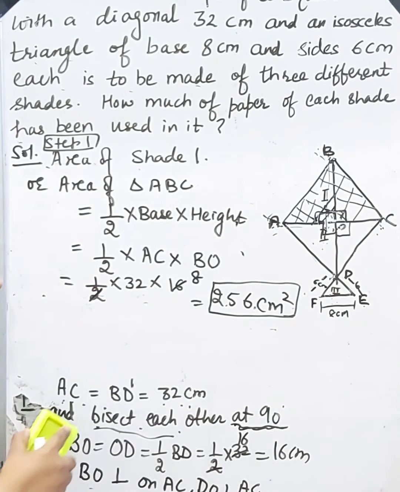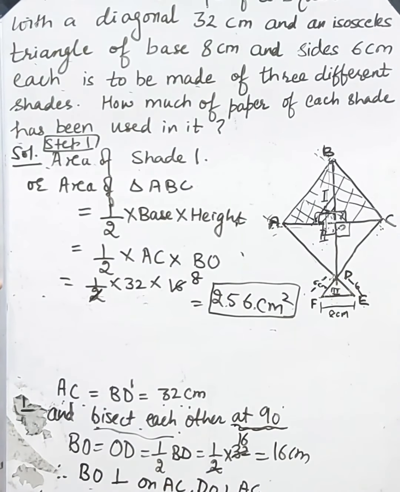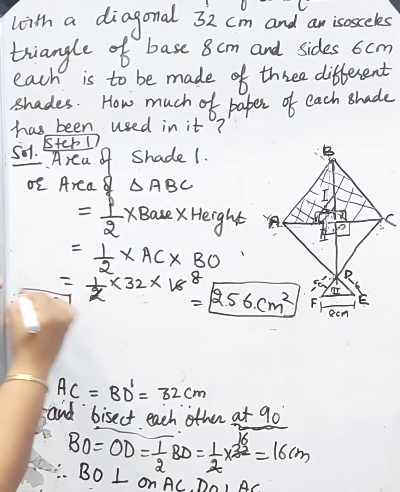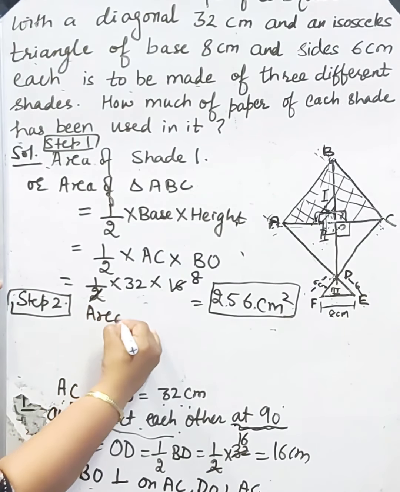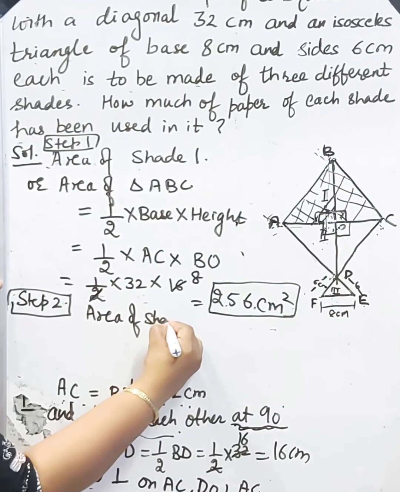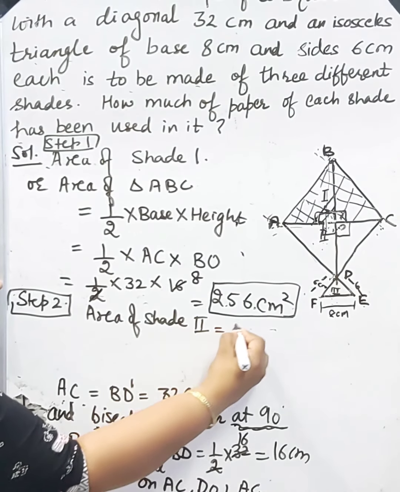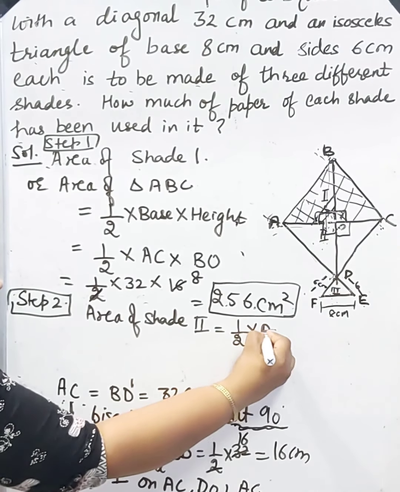Similarly, we can find the area of shade 2. In step 2, the area of shade 2, which is again in triangle form, equal to half into base into height.